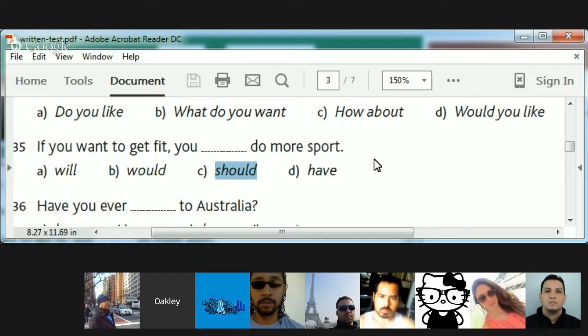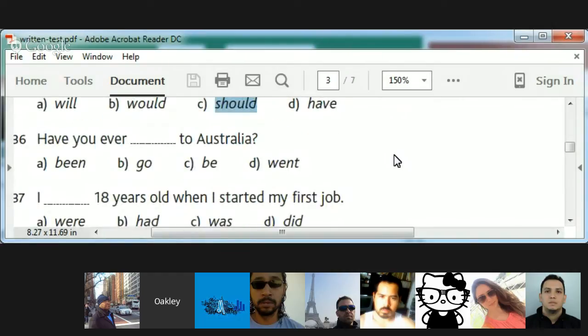We use should to give advice or make suggestions. It's an interesting construction, but yes, I would agree with Julio. This is the zero conditional, used with the modal should to give advice. Things are getting more complicated here, ladies and gentlemen. Even I have to think about these.